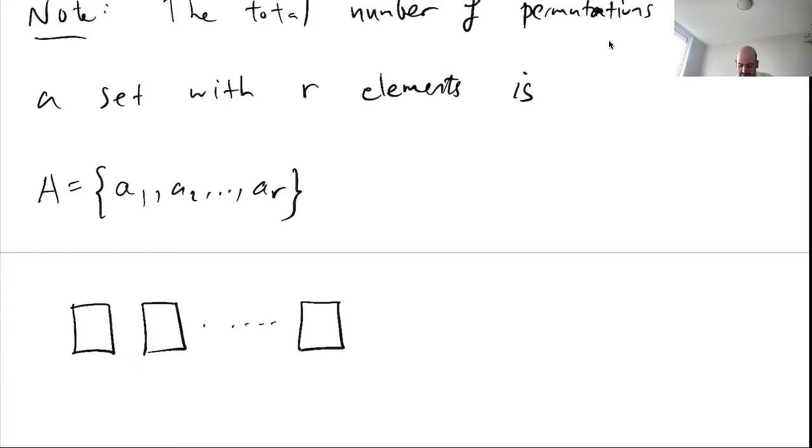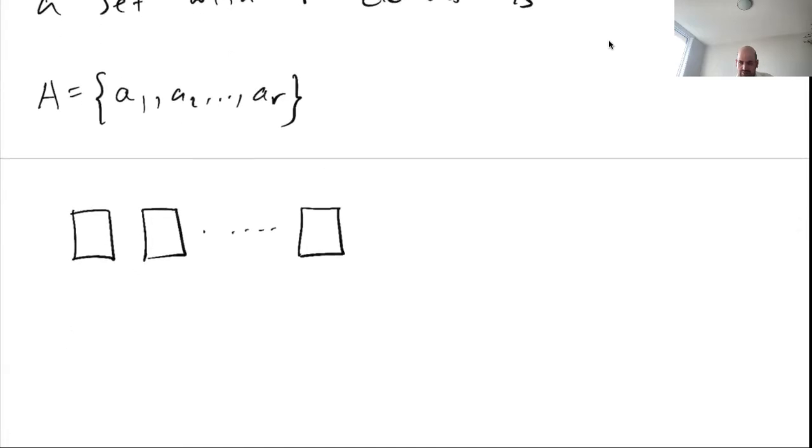So for the first spot, how many options do I have? Because I have R elements to choose. So R options. This is the number of options for the first spot.